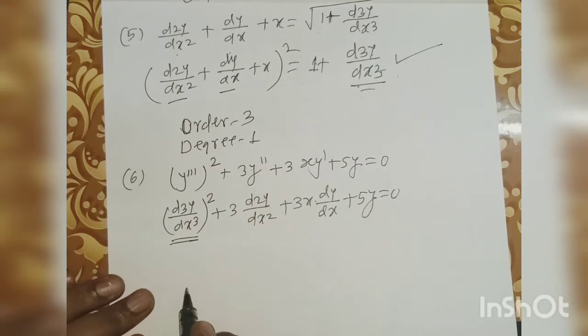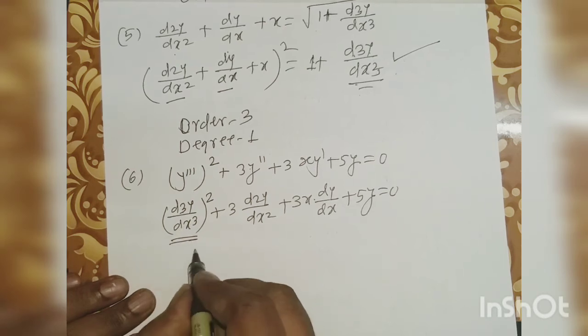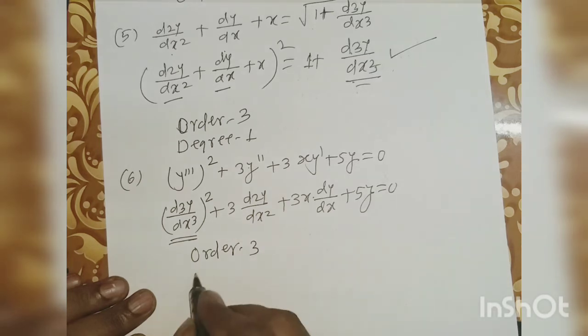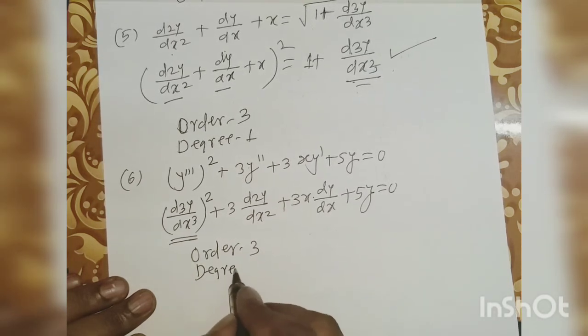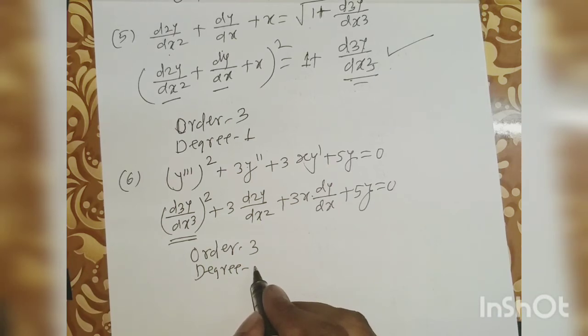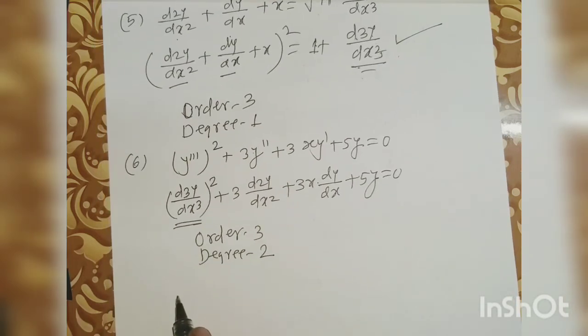The highest order derivative term is third order, that is order is 3 and degree, its power, the maximum power is 2, that means degree is 2.